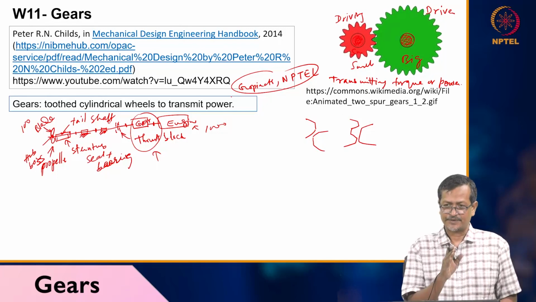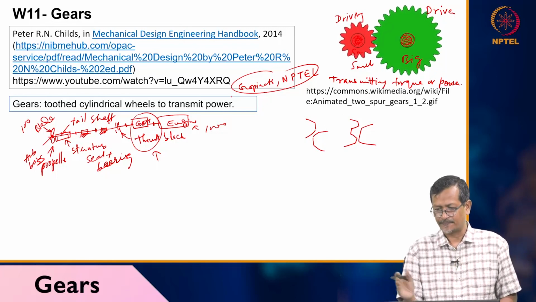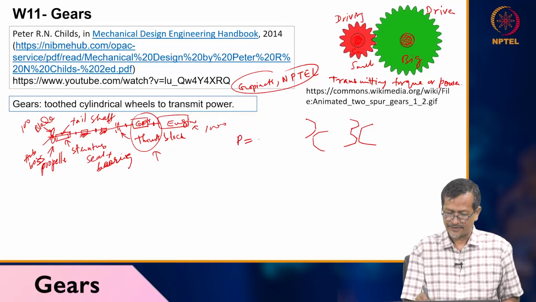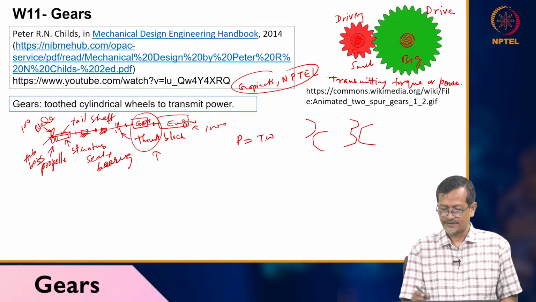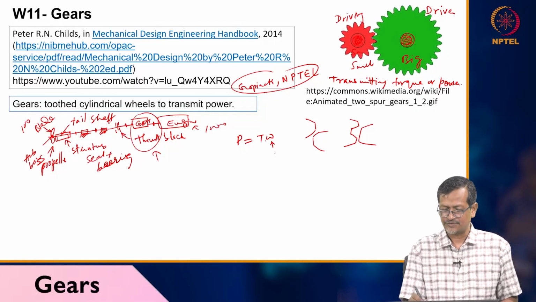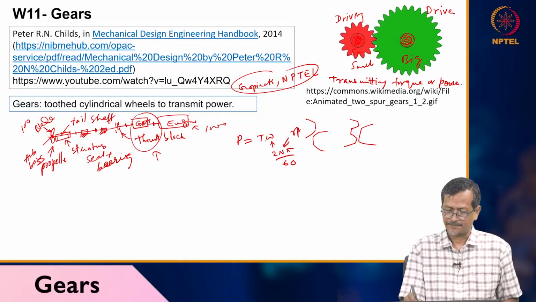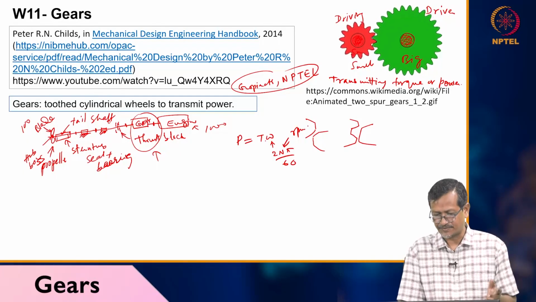But whenever you are transferring power from one gear to another gear, your power is not changing. Okay, because power equals T into omega. So your omega is changing, omega means 2 pi N by 60, where N is the rpm of a gear or shaft.